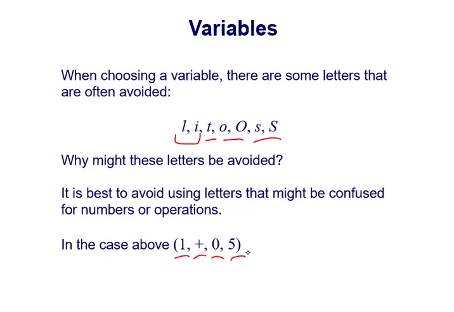So when translating, that's just one pitfall you want to be careful with. You can pick variables that have to do with the quantity, like height, we used h. Time is sometimes a little difficult, so we might want to use minutes. If it's a specific amount of time, we want to use the m rather than the t, because t looks like a plus sign. So just be careful when translating and picking your variables.